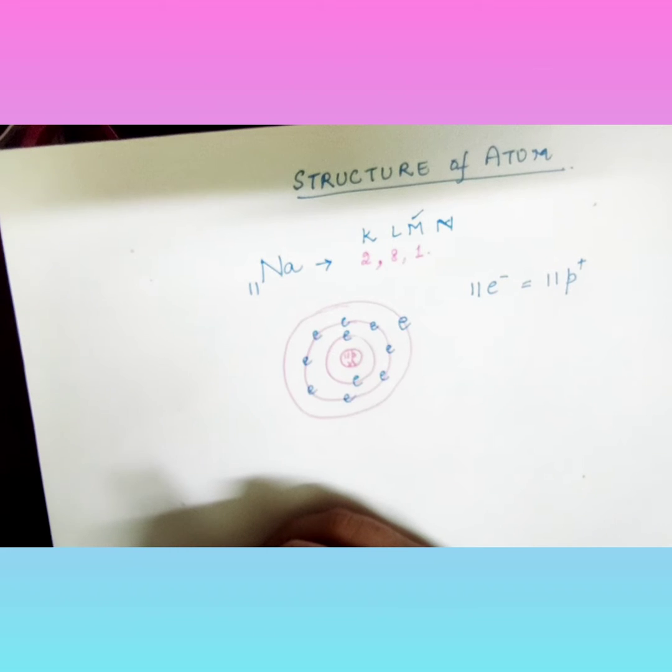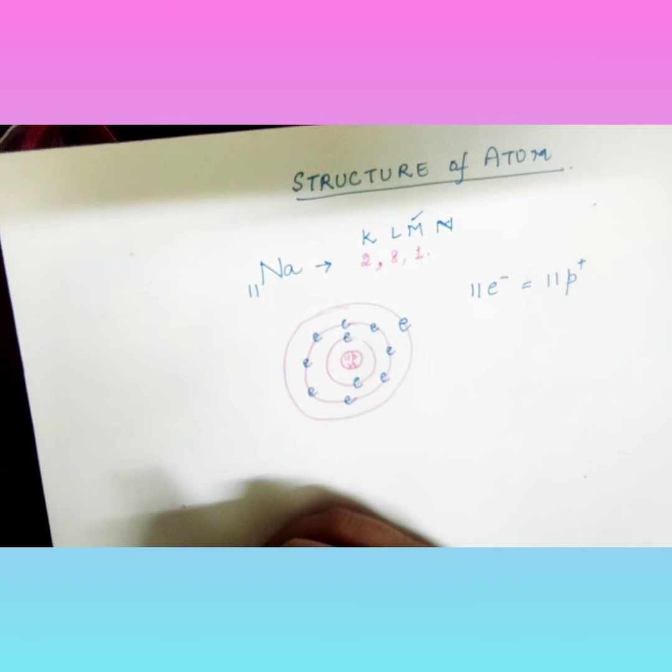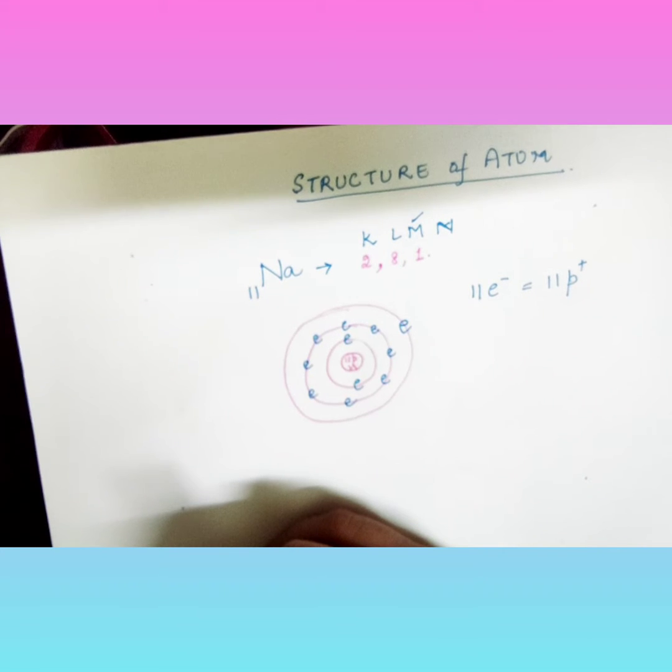Now when this atom has to combine, as you can see, it is having 1 valence electron, that means 1 electron in its outermost shell, so its valency is 1. It can lose this 1 electron in order to get its outermost shell completely filled.